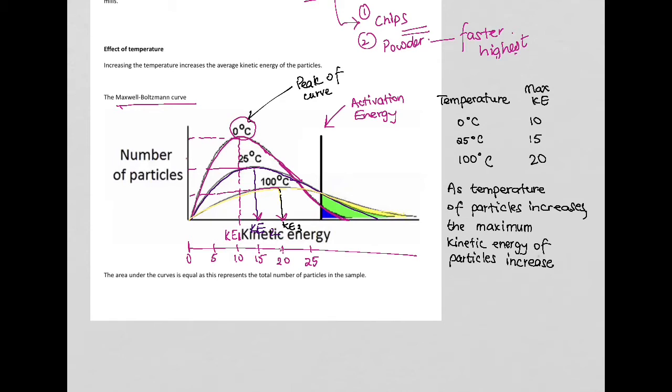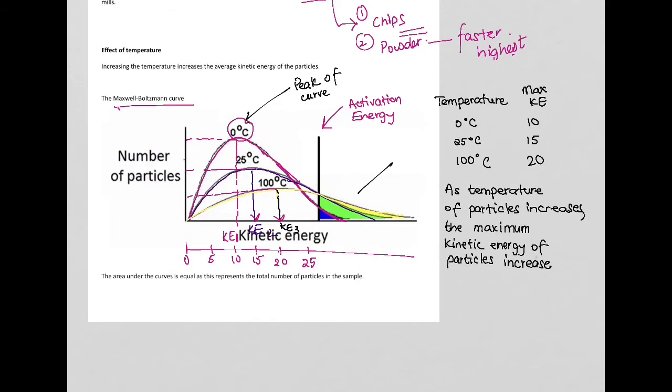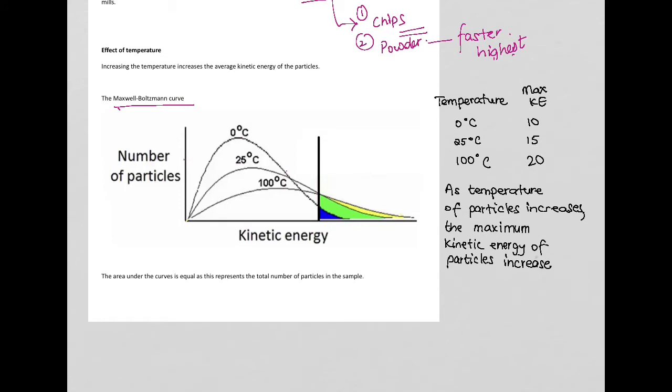Now, the second thing about this Maxwell-Boltzmann curve is that the area seems different. You can see this area over here, and this area over here seems different. However, the total area under the three curves should stay the same.